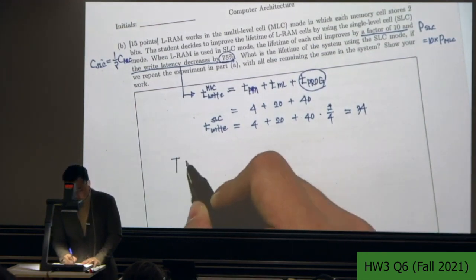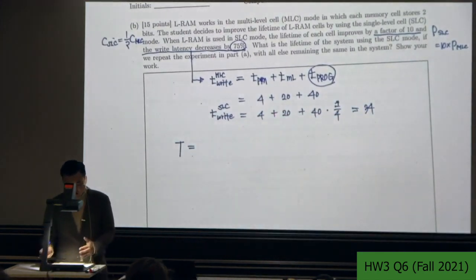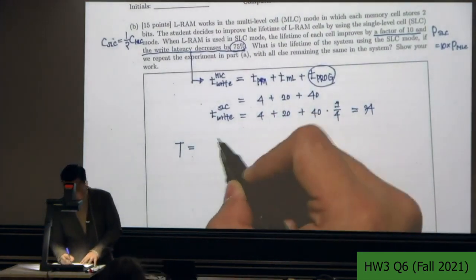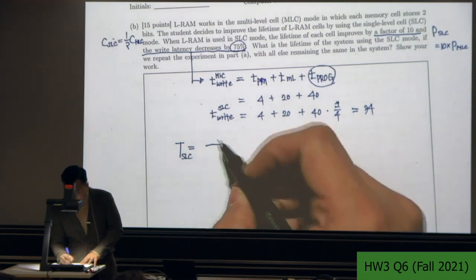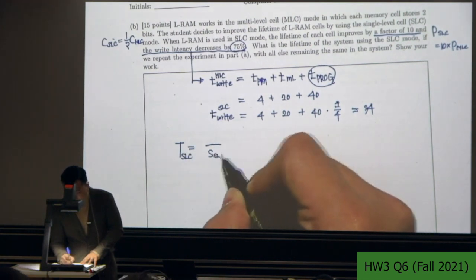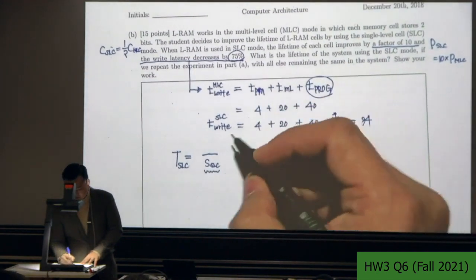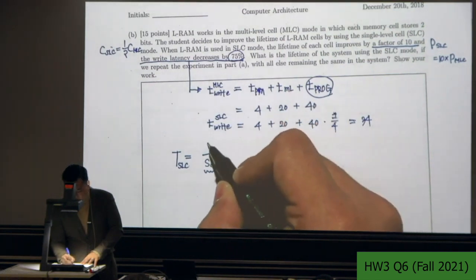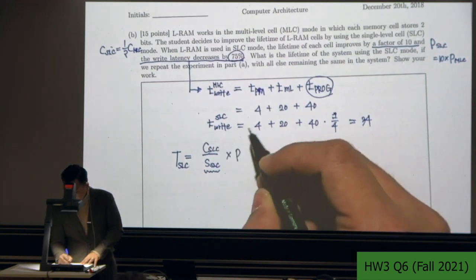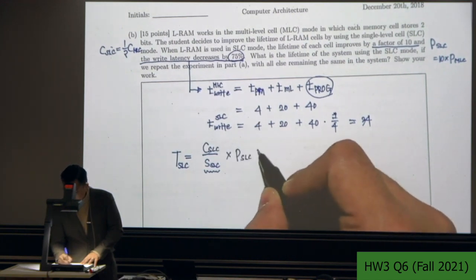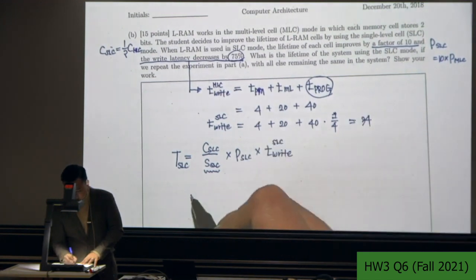And so again, we need to calculate the lifetime of this LM when it is used in SLC mode. And we can use the same formula here. And actually for SLC, the request size is not changed. So we can use the same value for this, and capacity SLC, limited programming cycle of SLC, and T write for SLC.